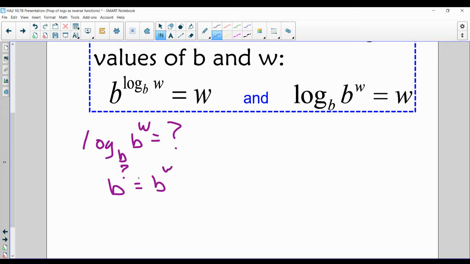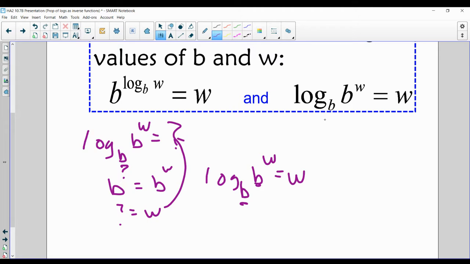Well, for that to be true, that question mark would have to equal w. So log base b of b to the w equals w. Now for this to be true again, these two have to be the same. If they're not the same, then the property doesn't work.